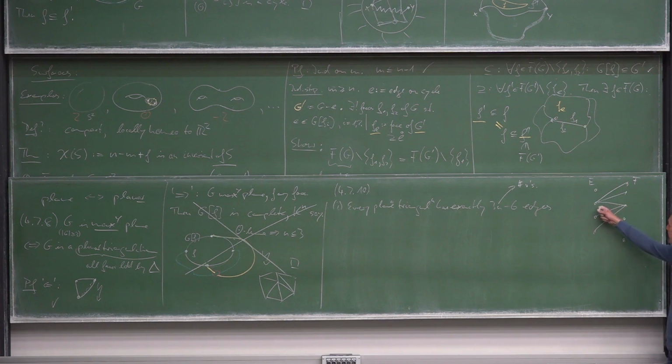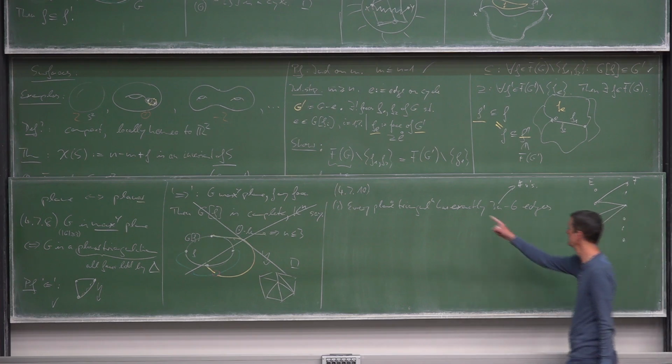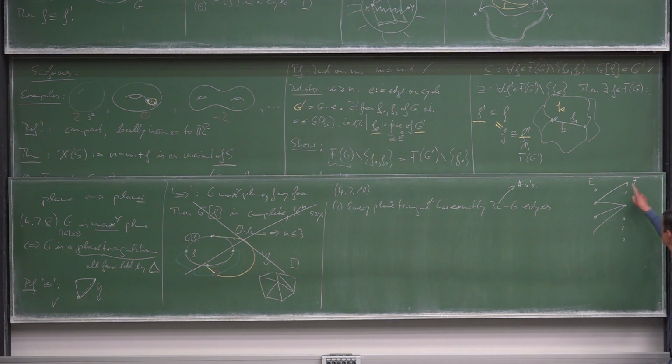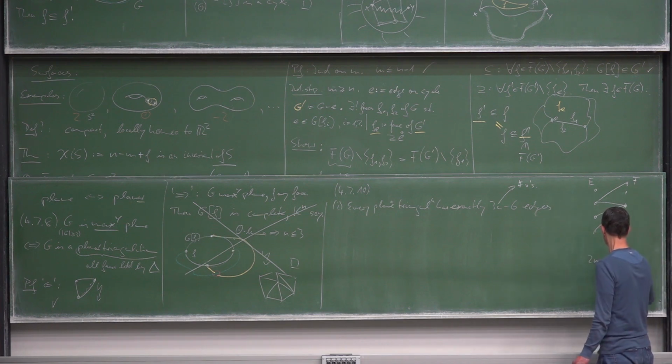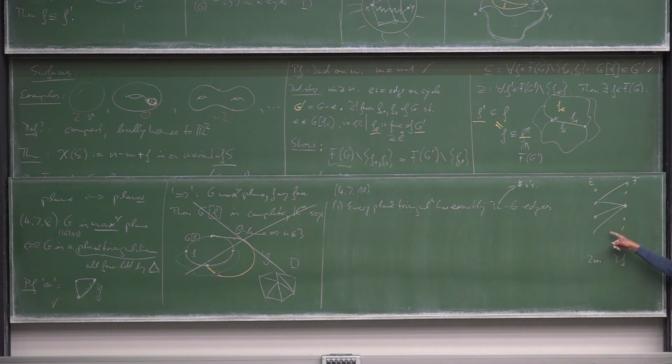So every edge lies on the boundary of exactly 2 faces in a plane triangulation. And every face has exactly 3 edges on its boundary. So this graph has 3f edges. F is the number of faces. And it has also 2m edges. Namely, every edge lies on 2 faces.